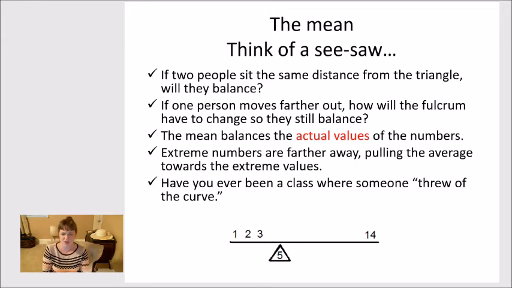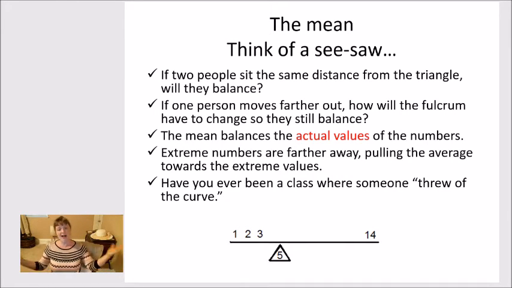And think about if you've ever been in a class where everyone got a 70 out of 100, and then 3 people aced the test. Those 3 people are going to make the average closer to themselves than the average would have been to 70, right? Because the average accounts for everybody. The average accounts for every single score, no matter how big it is.